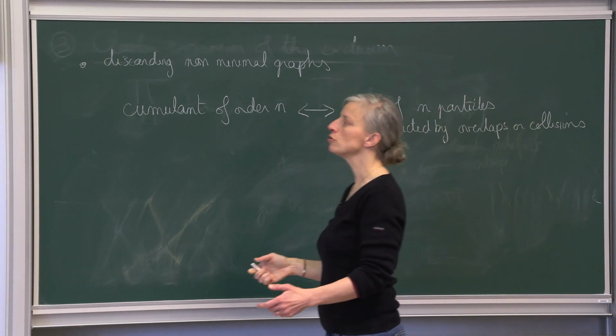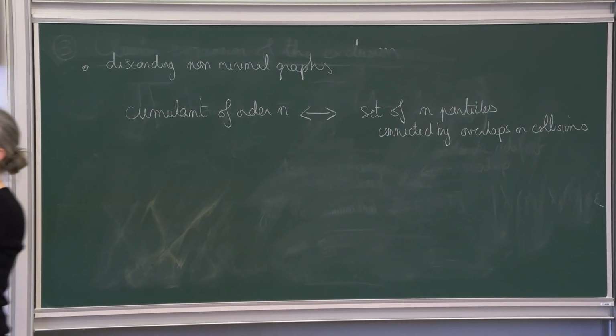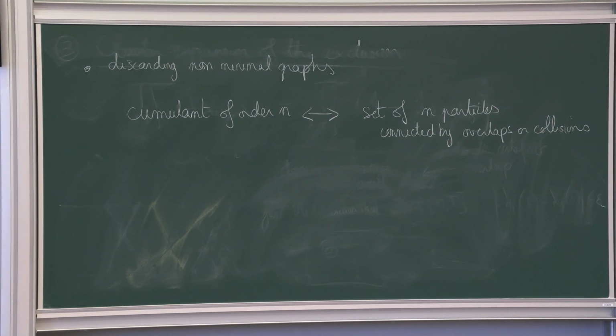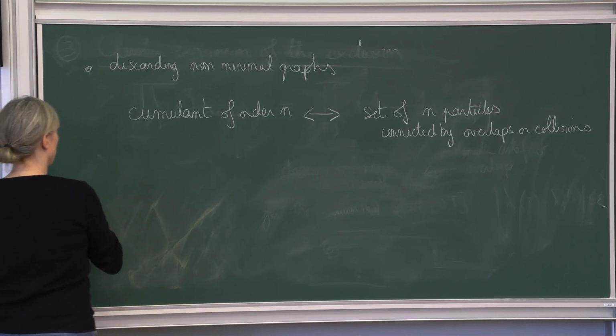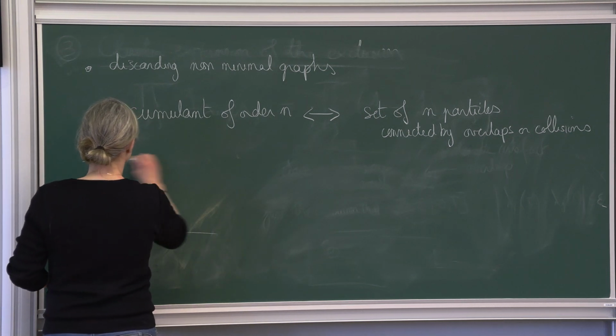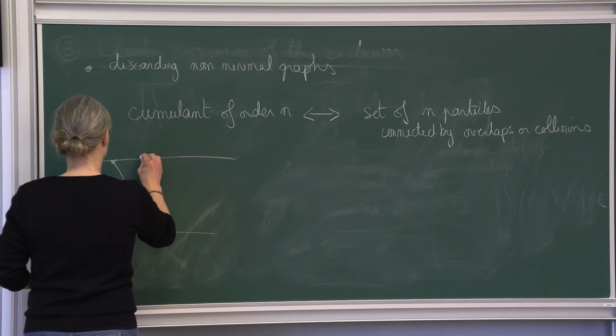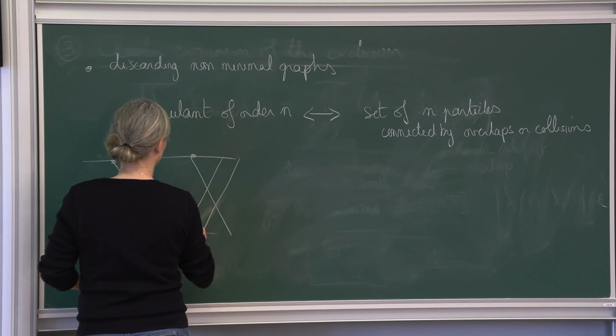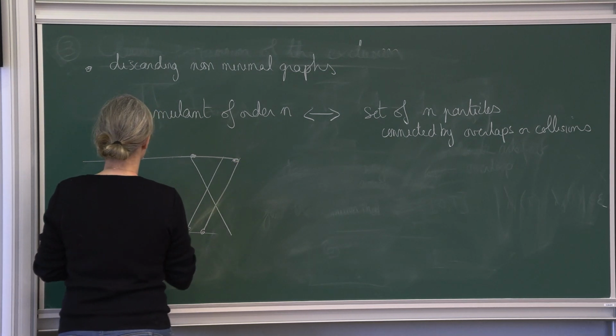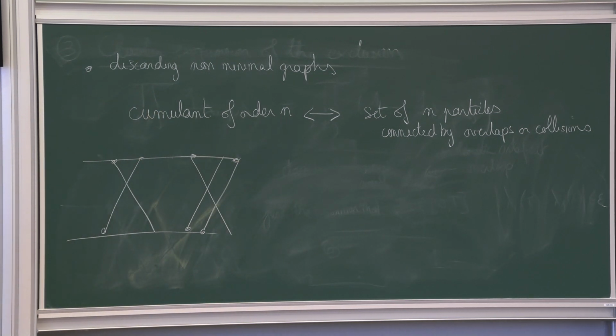Okay, so the contribution to this series as a series in exponential of h, so the term of order n, corresponds exactly to a graph like this. Okay, so you have some collisions, and then another graph with, okay, something like this.